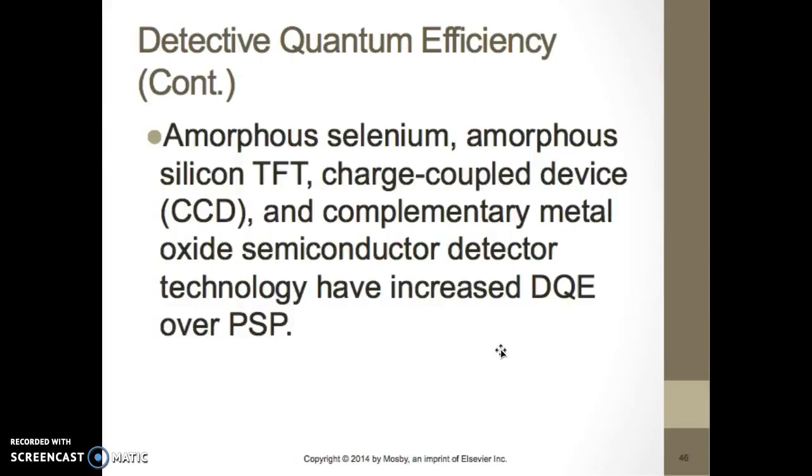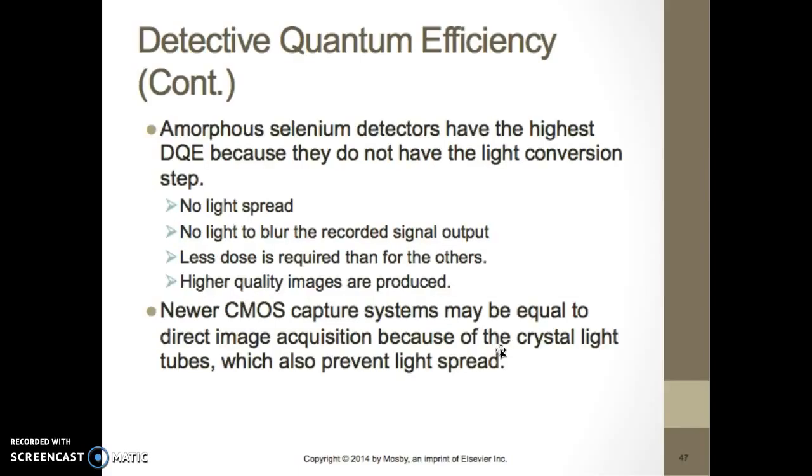Amorphous selenium, amorphous silicon TFT, charge coupled device (CCD), and complementary metal oxide semiconductor (CMOS) detector technologies have increased DQE over PSP. Your amorphous selenium detectors have the highest DQE because they do not have the light conversion step.